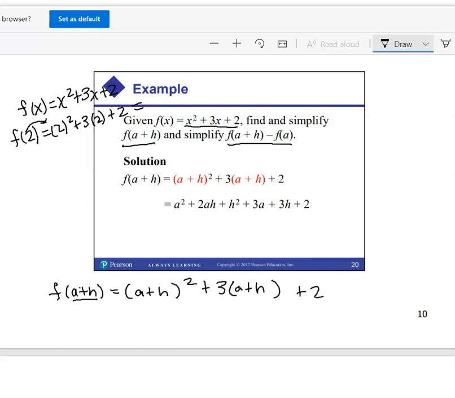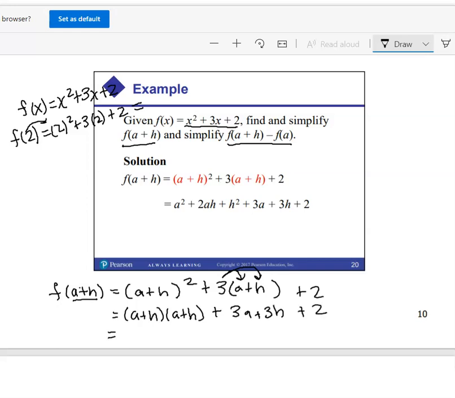Now, we talked about the fact that a plus h squared means a plus h times a plus h. We could go ahead and distribute the 3, so that would get me 3a plus 3h, and then plus 2.